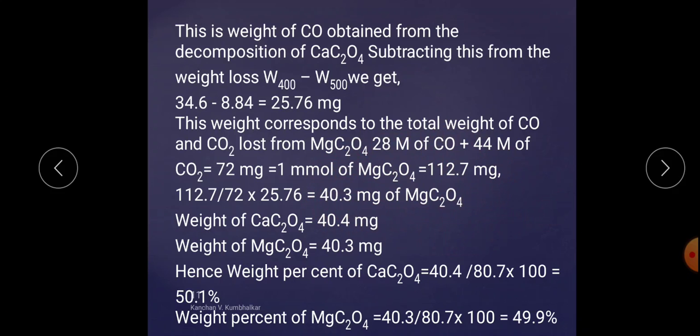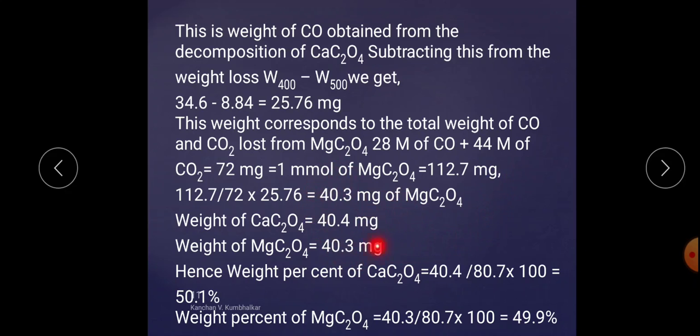So what are the total weights of calcium and magnesium oxalate? The weight of calcium oxalate is 40.4 mg and the weight of MgC2O4 is 40.3 mg. Hence, obviously 80.7 is the total weight.